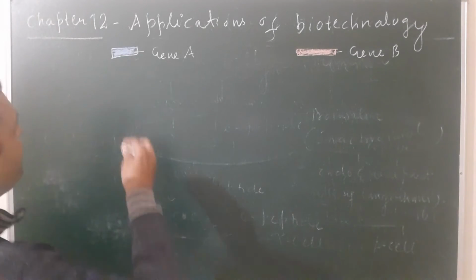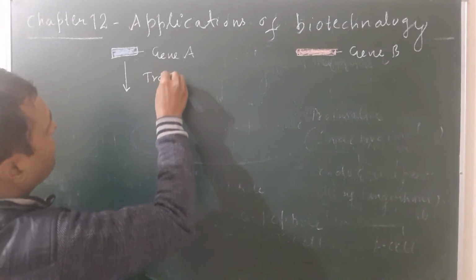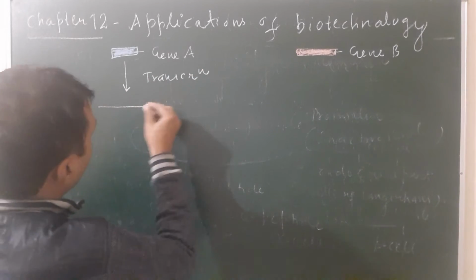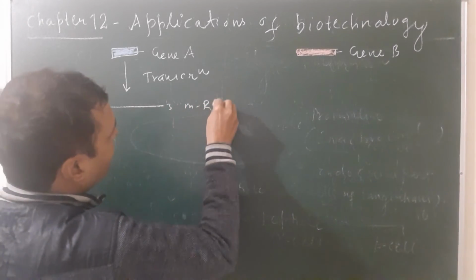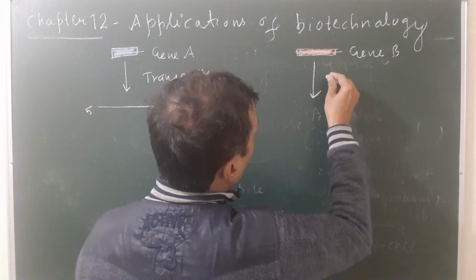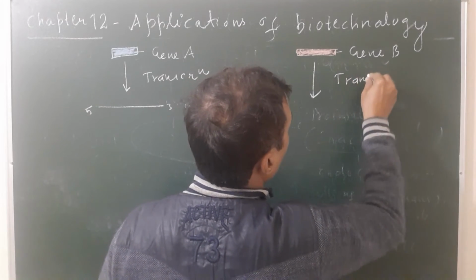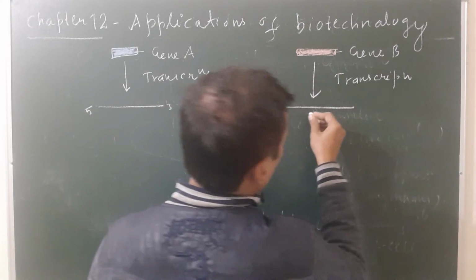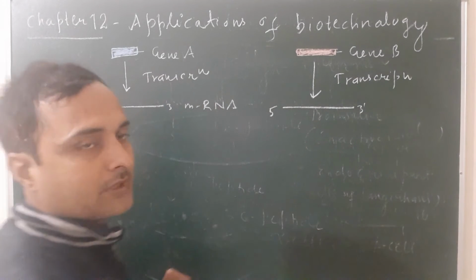After transcription, these genes change into mRNA with 5 to 3 polarity.